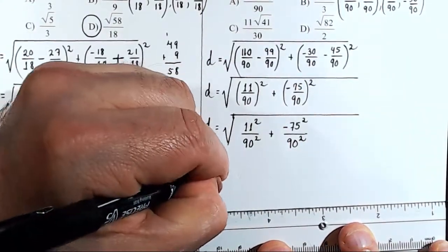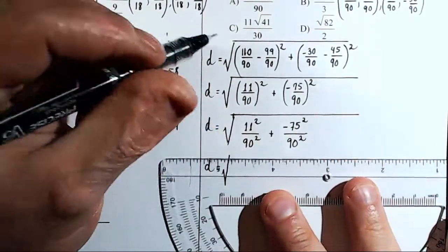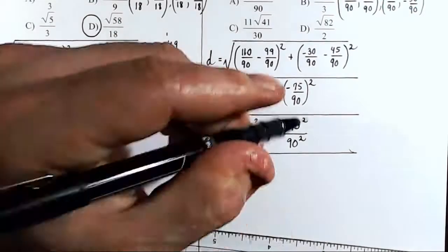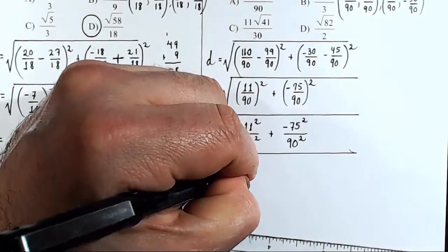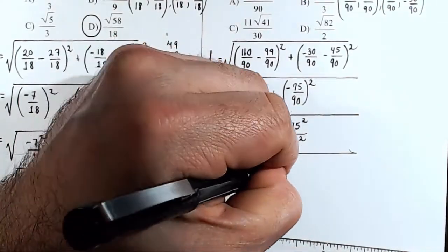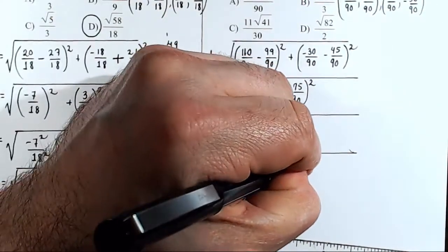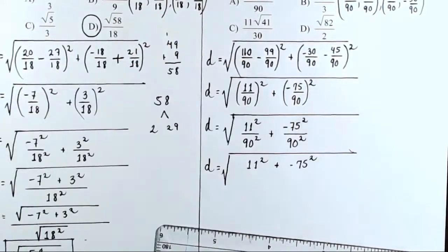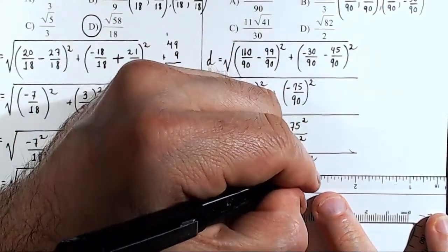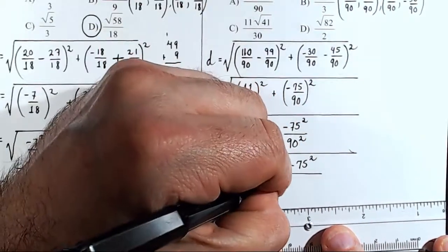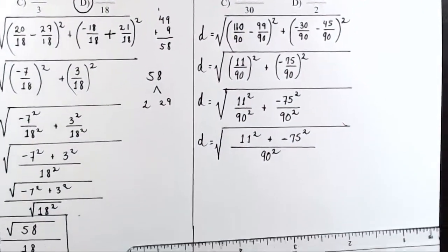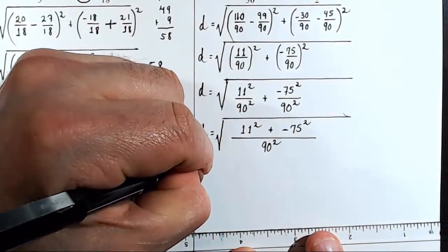Now d equals the square root of, and we're going to combine the fractions. So we have 11 squared plus negative 75 squared over 90 squared. And now I'm going to break up the numerator and denominator into square roots.